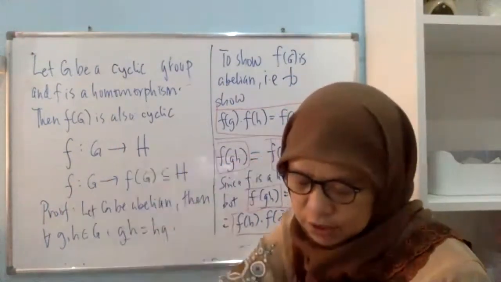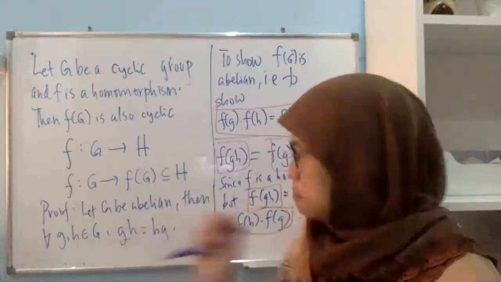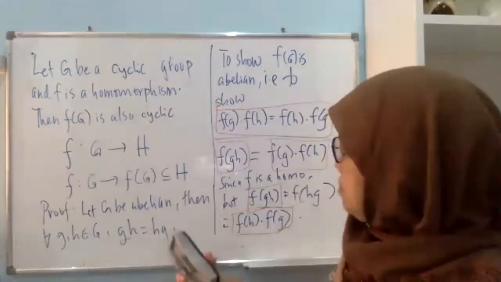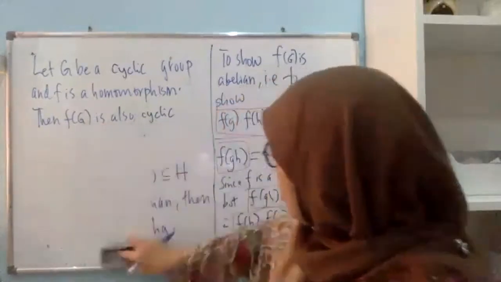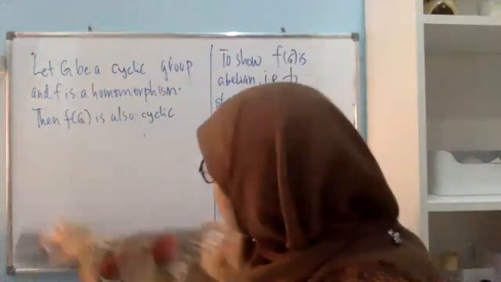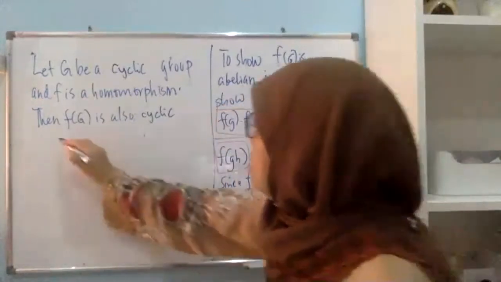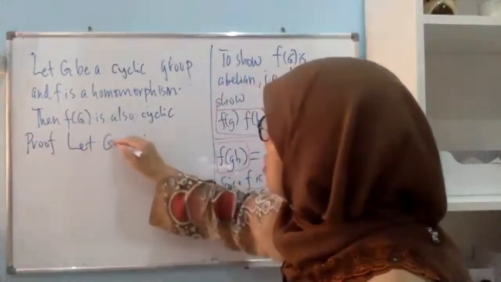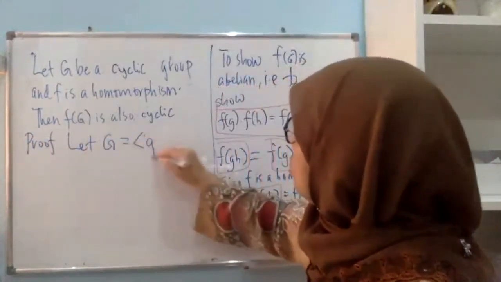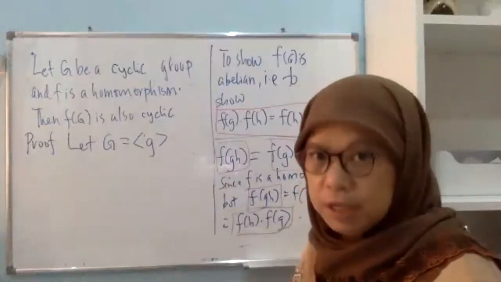How do we show this? So the same thing. Now, the different thing is, let G be a cyclic group generated by g.